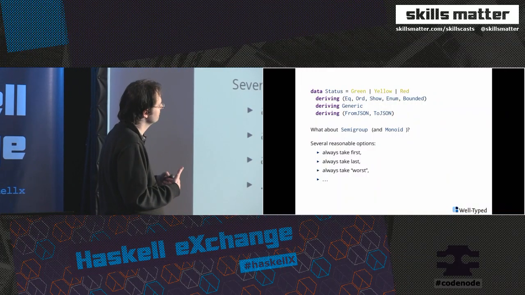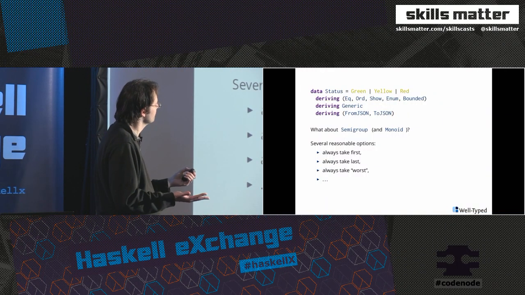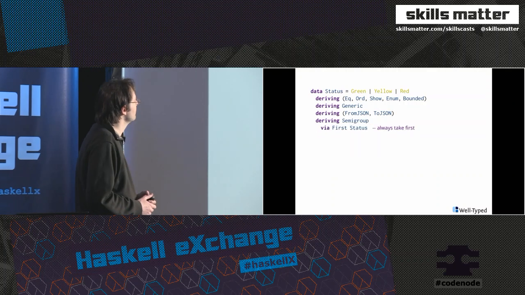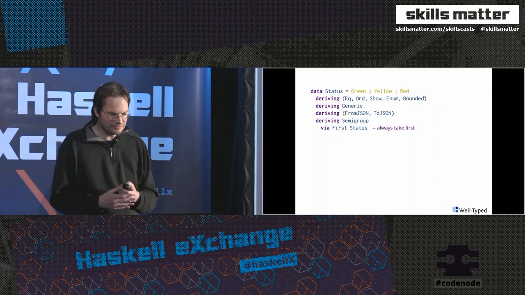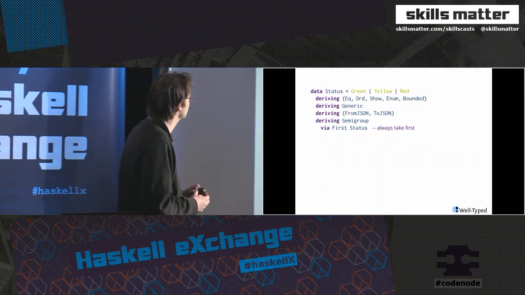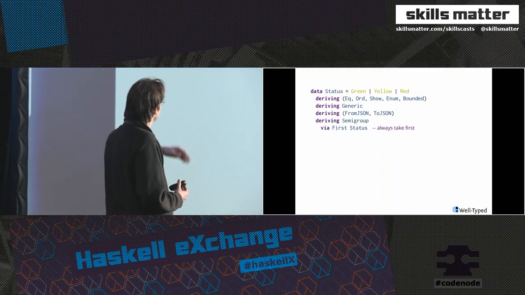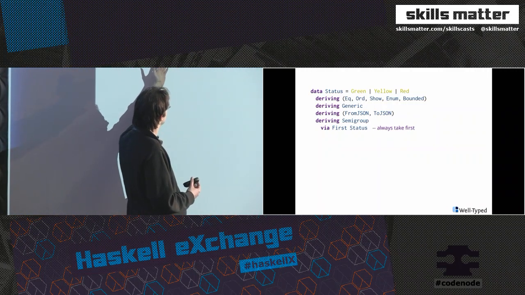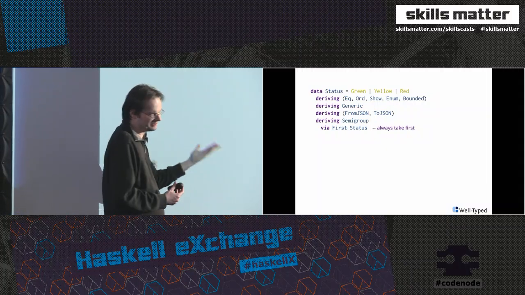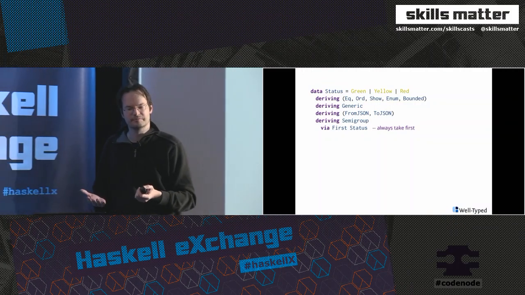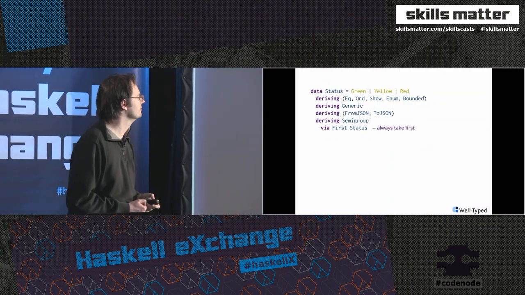But it would be nice if we could just write this down. With deriving via, we can do this. We can derive Semigroup, and we can say via First Status. That'll give us the Semigroup instance that always takes the first of the two things.